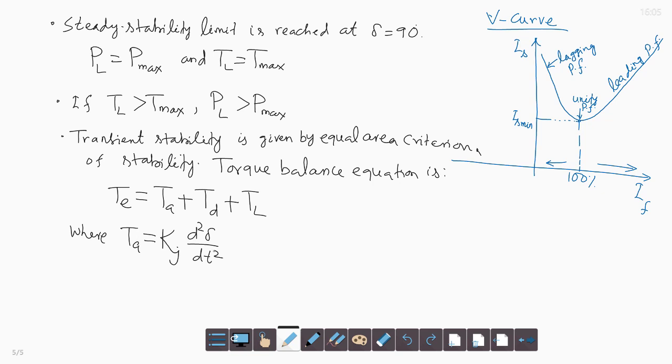Delta is the load angle, this second derivative is the accelerating torque. And T d, which is given by a constant K d into d delta by dt, is the damping torque.